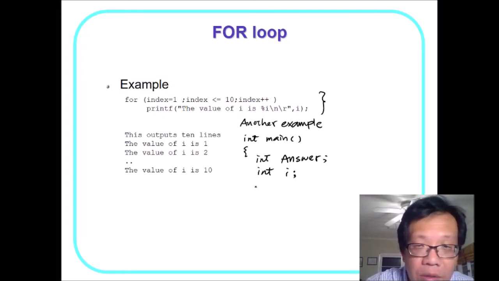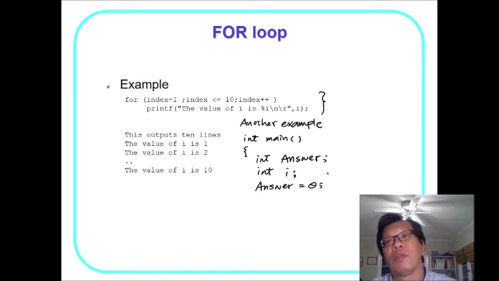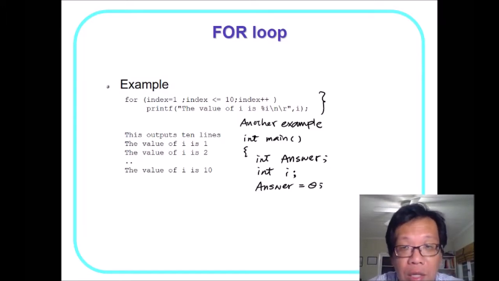There is one important step I'm doing here, which is I specify answer equals 0. If we do not do that, there is no guarantee the value of answer is 0, because the C program is not going to initialize all numbers as 0. They can be a random number.